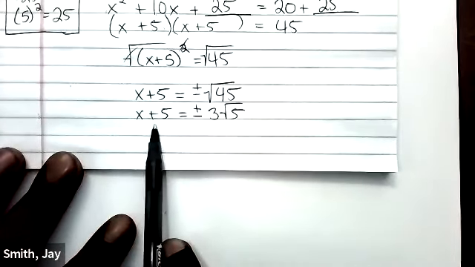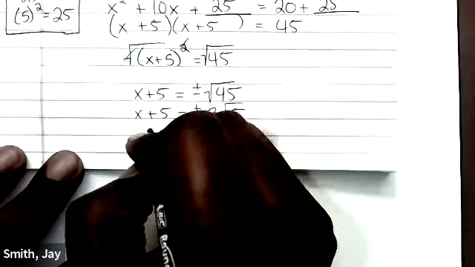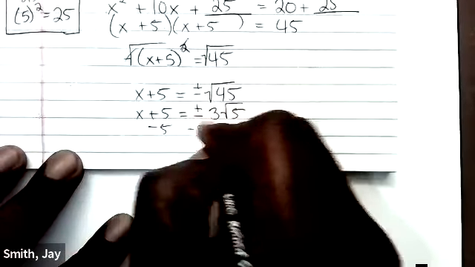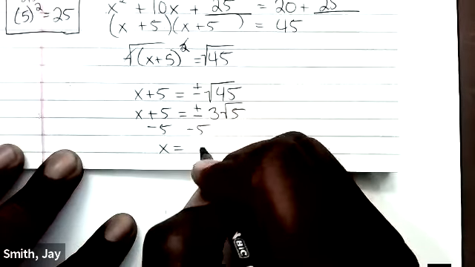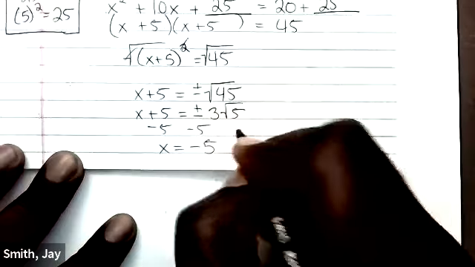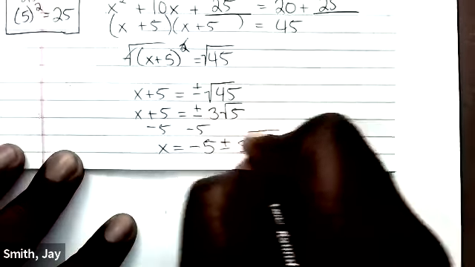Last step, get the x by itself by subtracting 5 from both sides. So our answers, because remember, this does represent two different values, -5 plus and minus 3 square roots of 5.